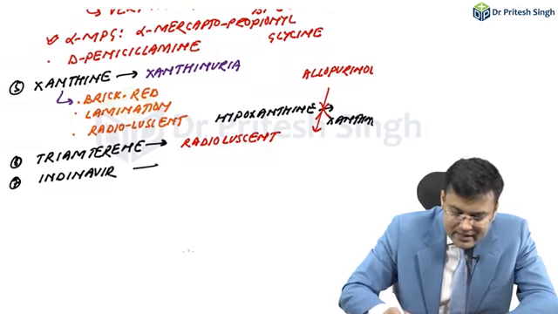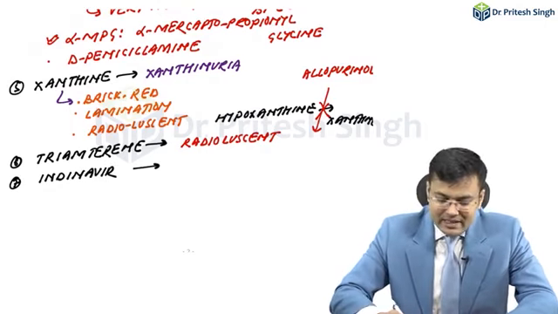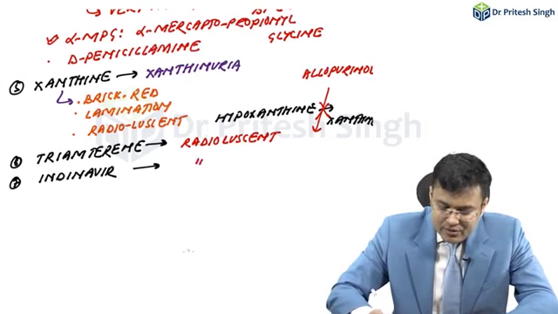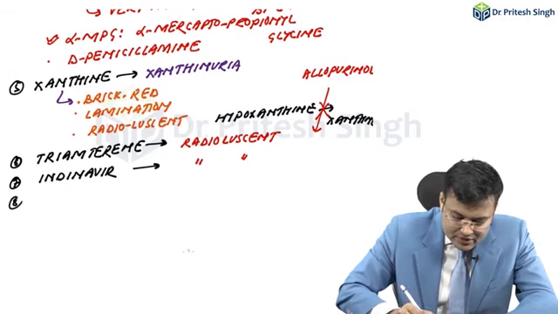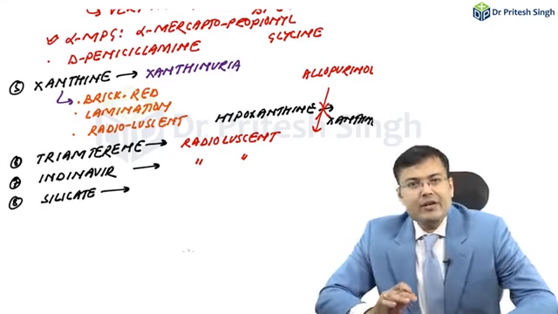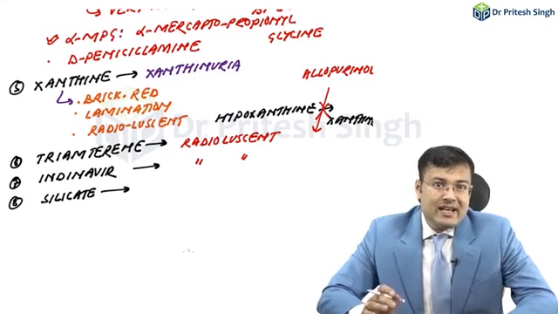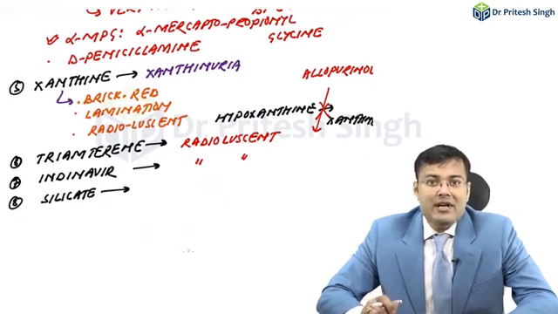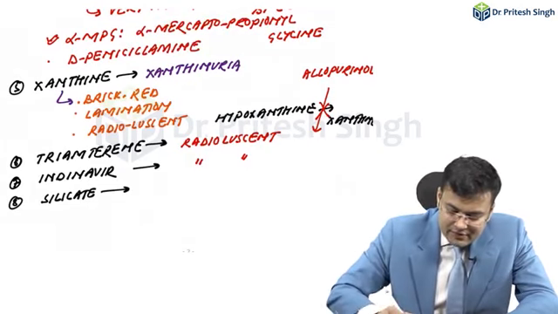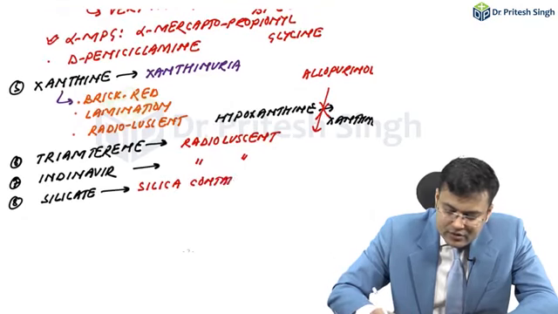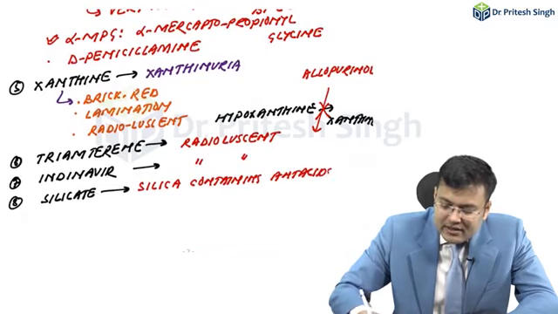Indinavir is a protease inhibitor used in HIV patients, and again it leads to formation of radiolucent stone. After that, silicate stone. Excessive intake of silica containing antacids leads to formation of silicate stone.